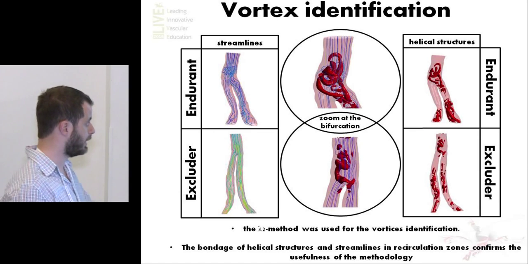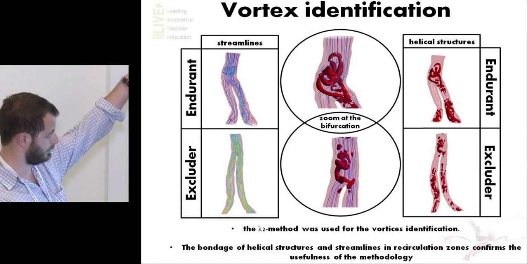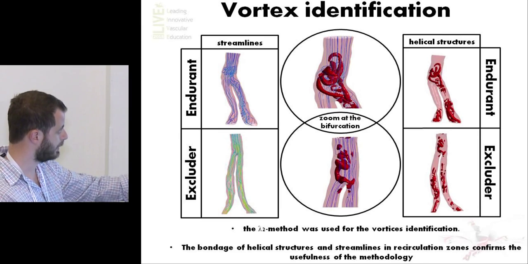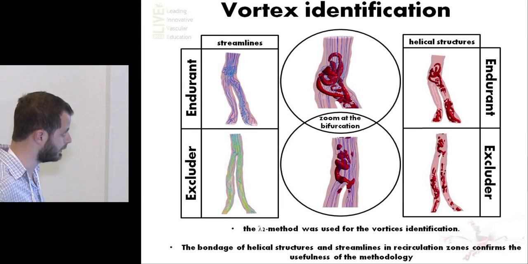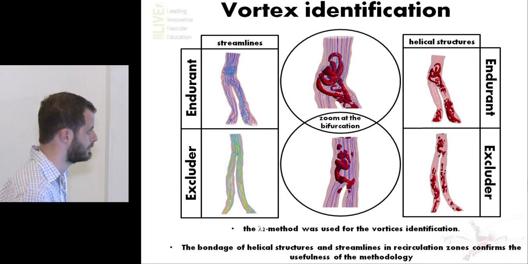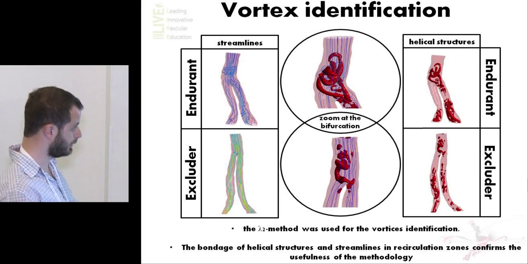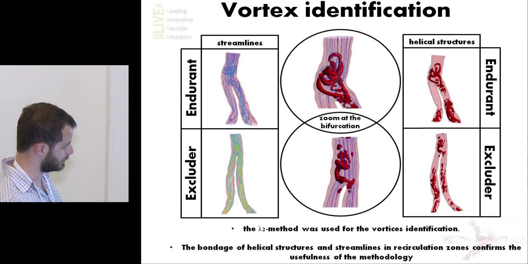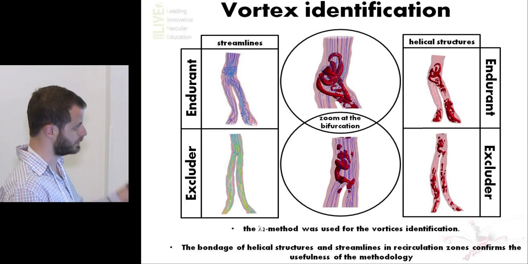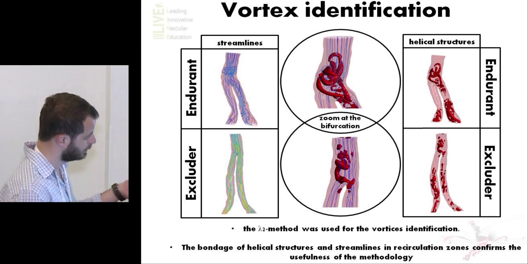Here in the left panel I have the streamlines. In the right panel I have the helical structures, and at the center I have a zoom at the bifurcation combining streamlines and helical structures. And here you can see, prior to bifurcation, for both Endurance and Excluder, we have some helical structures developing, which is in contrast to what we said earlier about Nellix.